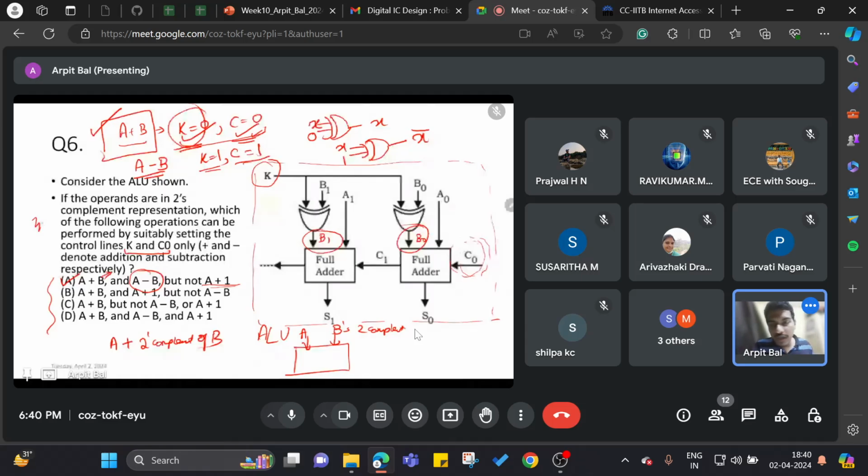So I need to give two inputs into the full adder: one is A and another one is B's 2's complement.